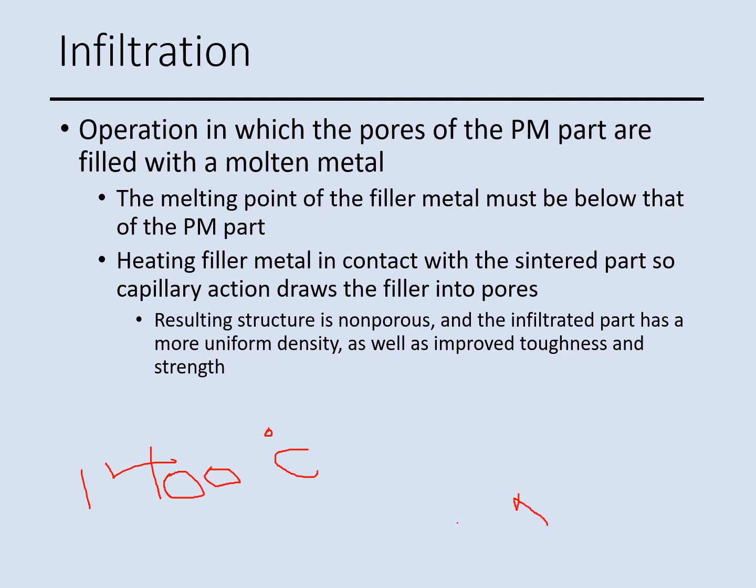You can use copper, Cu, as the secondary material or the filler metal to fill in the PM part, because copper has a lower melting point, which is around 1000 degrees C. When we melt the copper metal and bring it into the PM part, we have a capillary action that draws the filler into the pores.